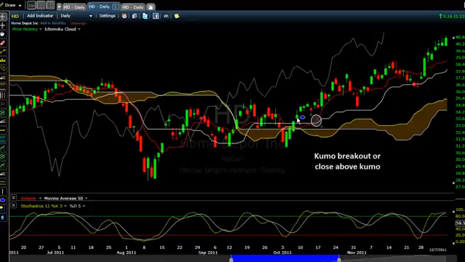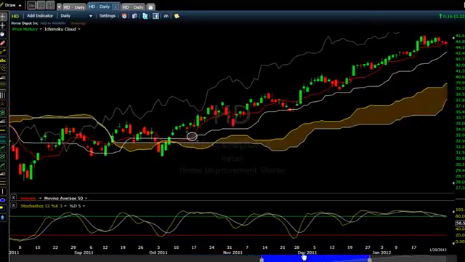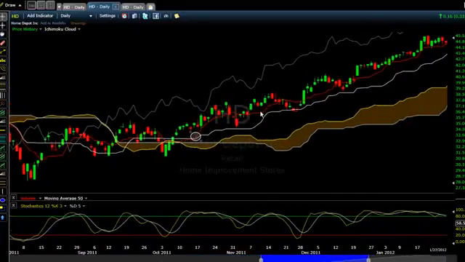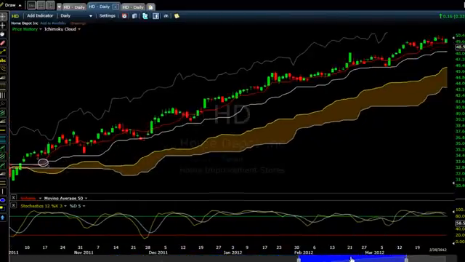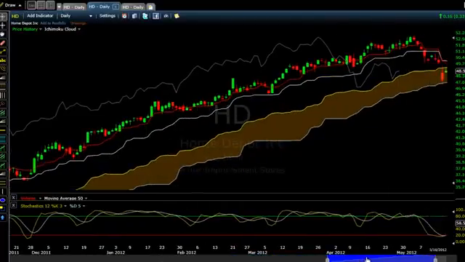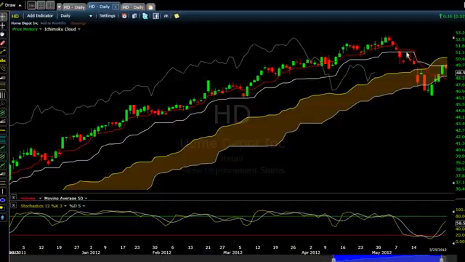We had a buy signal here. You do not have a sell signal until this red line crosses down below the white line. The Tenkan crosses the Kijun, or TK cross to the downside. You don't have that occur until here in May, several months later. So that's the significance of the TK cross.